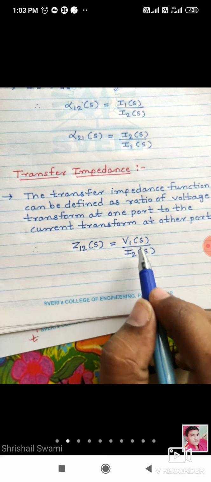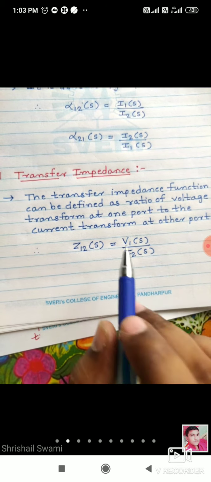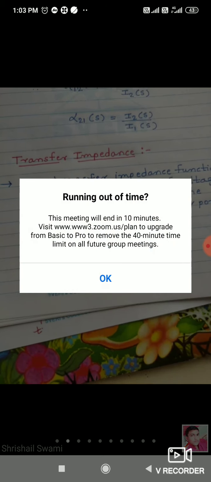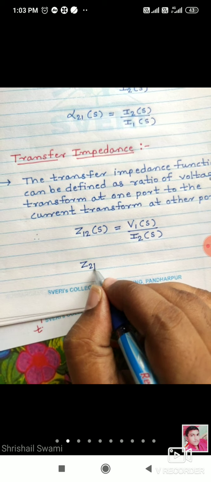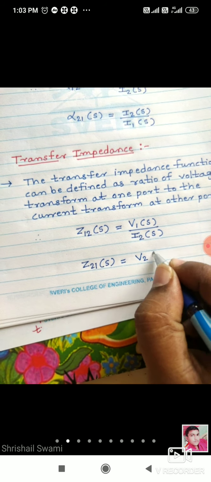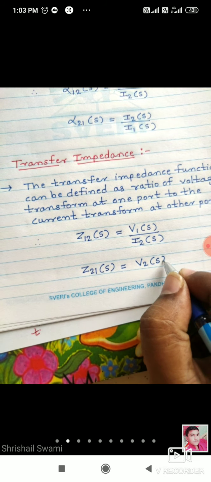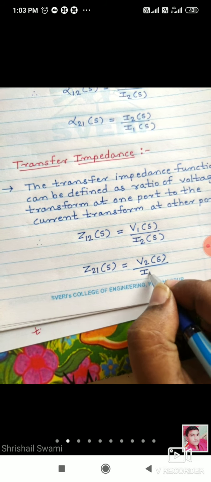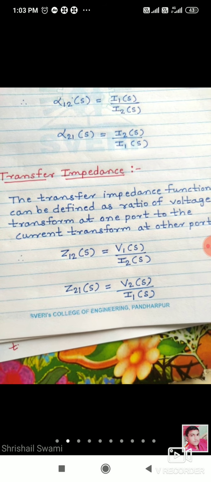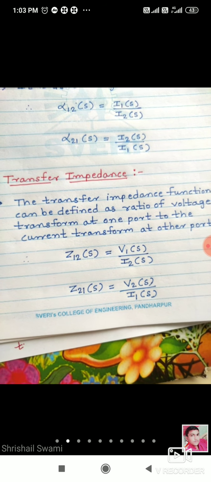So this is voltage and this is the current. Okay, so according to definition you can cross check. So similarly Z21 of S is equal to V2 of S divided by I1 of S. Okay, so this is called as what? Transfer impedance.